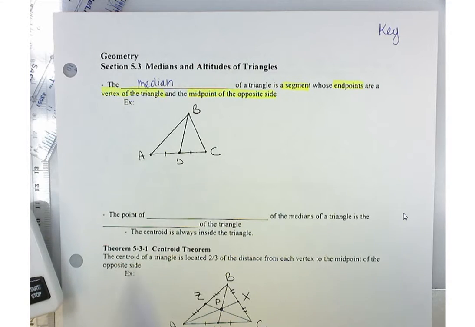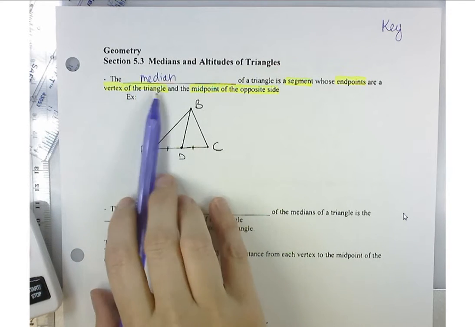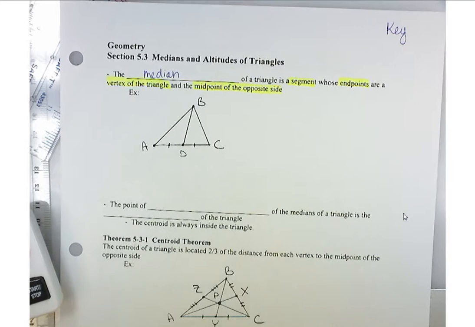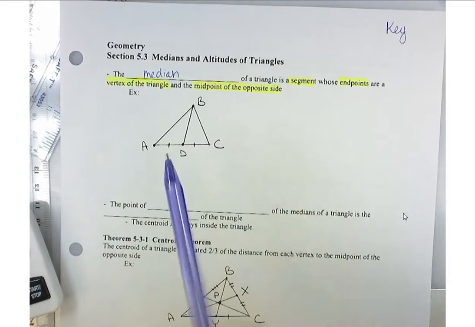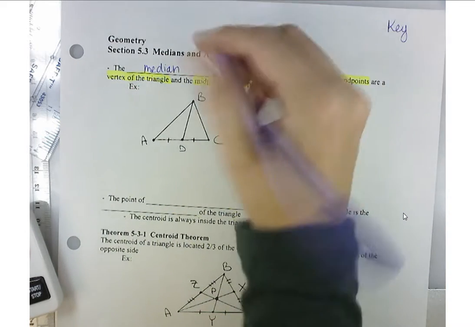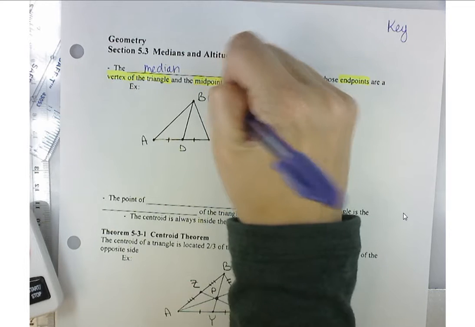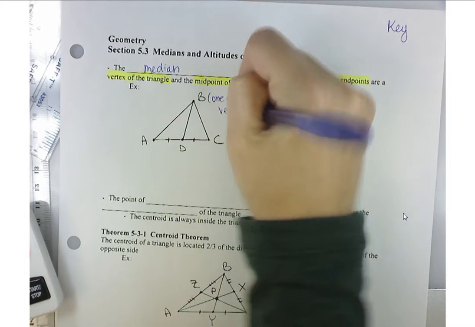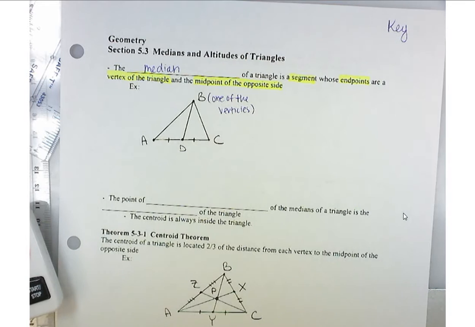So a couple things we have to look at. The vertex of the triangle. In every triangle, you have 3 vertices. In this triangle, the 3 vertices are A, B, and C. So this median is made with B, that's one of the vertices.